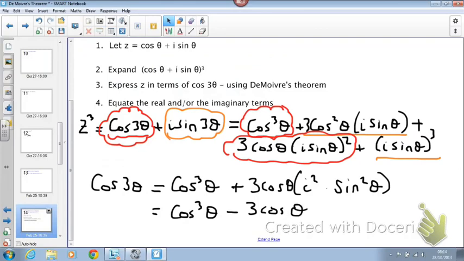I missed the θ there, sin squared θ. And that's our expression for cos 3θ.